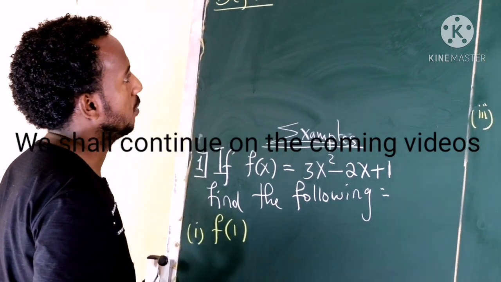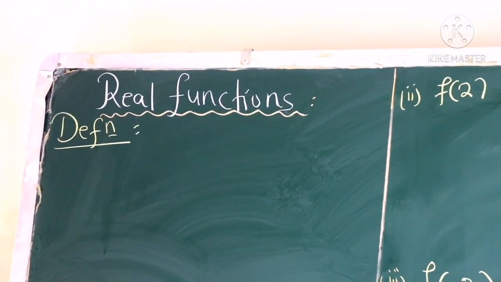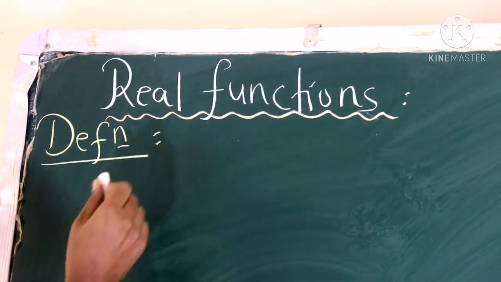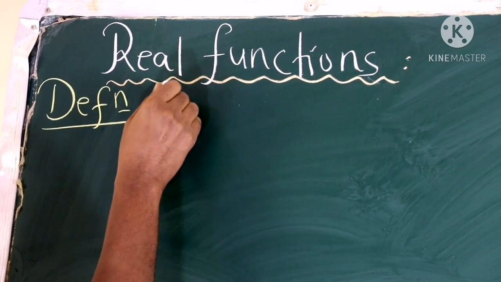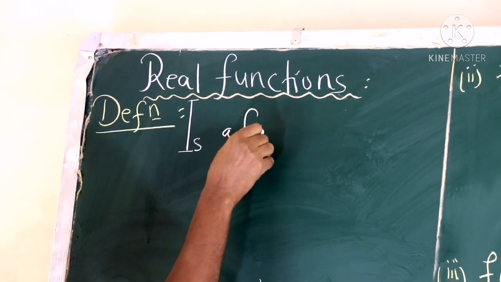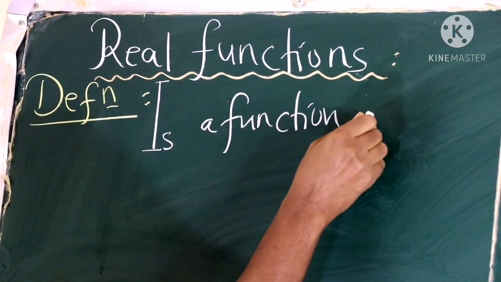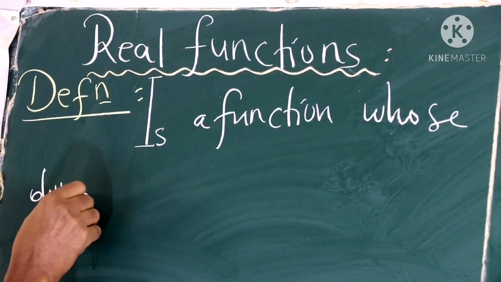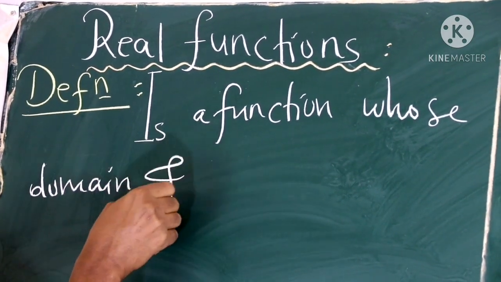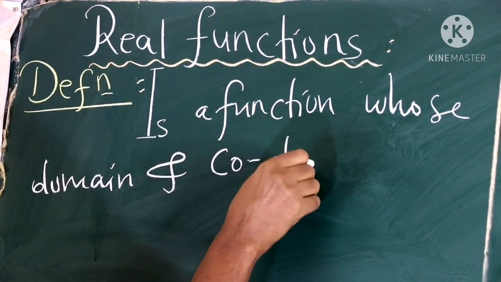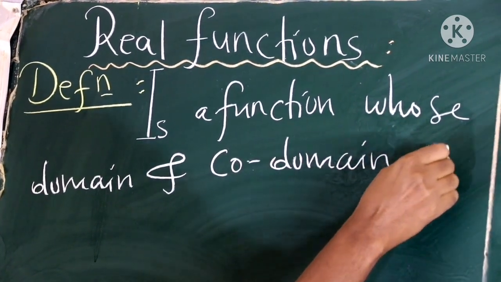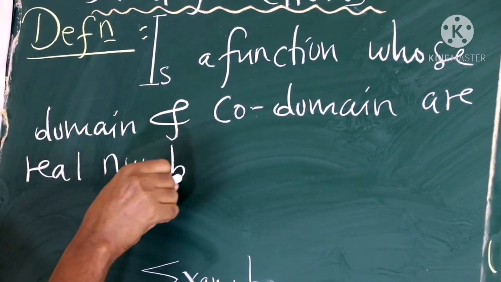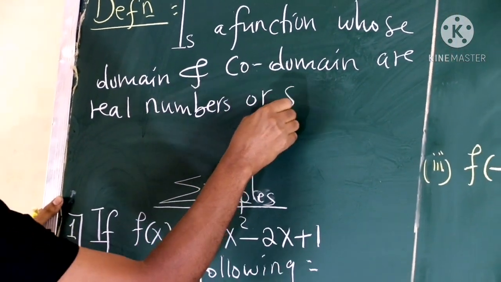One of the very important questions which always used to come in exam. Define real functions. As we have just agreed, a real function is a function whose domain and codomain are real numbers, or a subset of it.